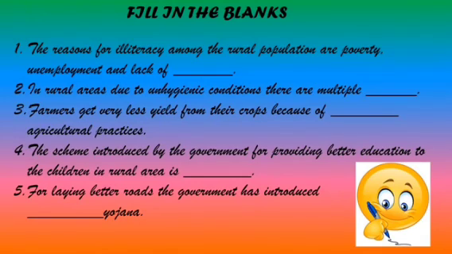Farmers get very less yield from their crops because of dash agricultural practices. Fifth, the scheme introduced by the government for providing better education to the children in rural areas is dash. For laying better roads, the government has introduced dash Yojana.